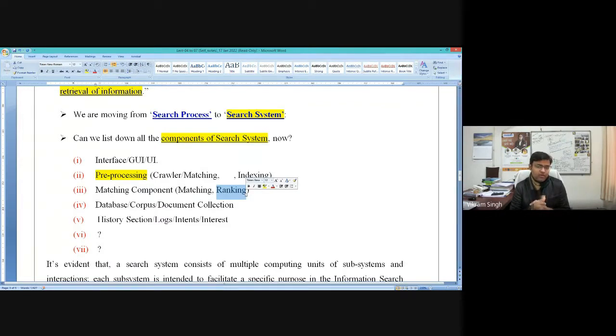Why do we perform ranking? Because it captures some sort of user importance, right? Matching is based on some scores, and the results are fetched based on those scores, so you can have a mechanism for arranging or ranking these documents based on that score.